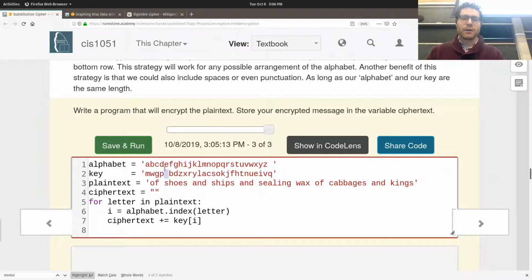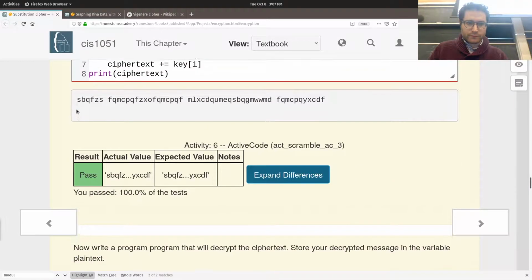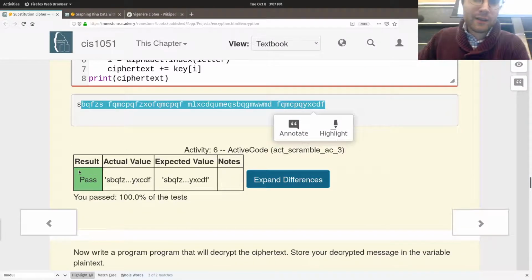And so if I see an E, I'll look up in key the space and replace it with a space, and that's what happens. So our ciphertext becomes this. So of shoes and ships and sealing wax, of cabbages and kings, becomes that.